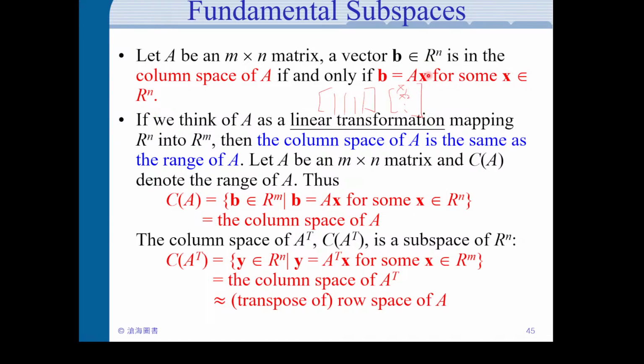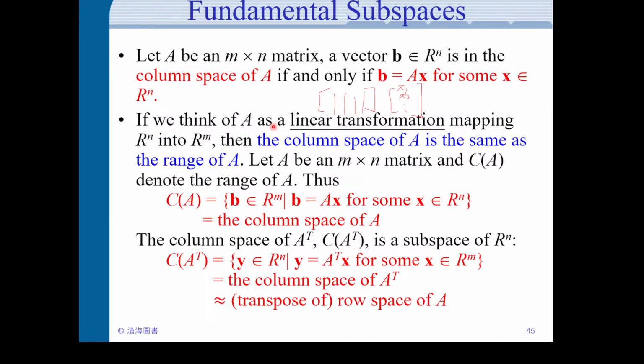Because we can think about A times X as taking a linear combination of the columns with respect to those numbers X. This is something we talked about in chapter 1. And another interpretation of the column space is that we can think of it as the range of A.